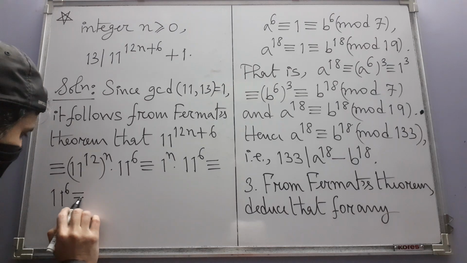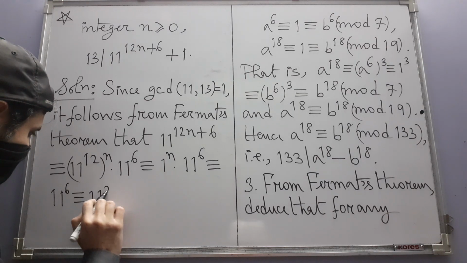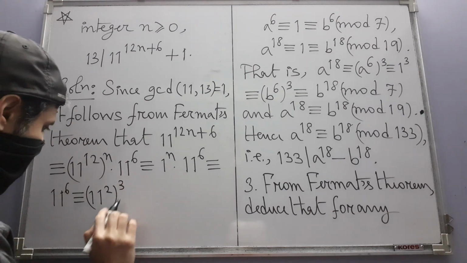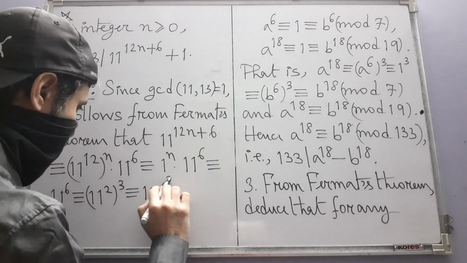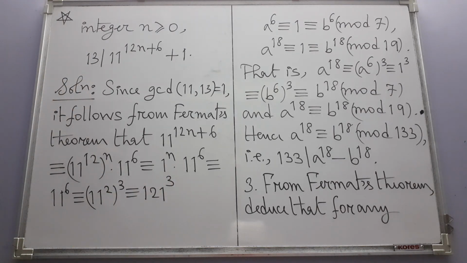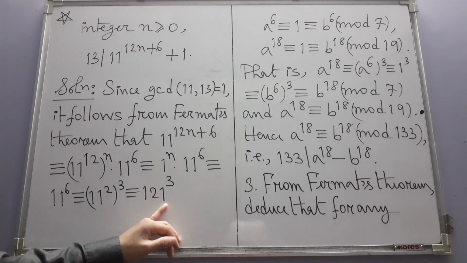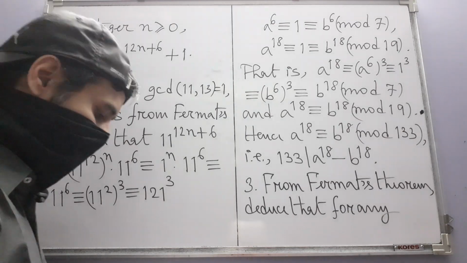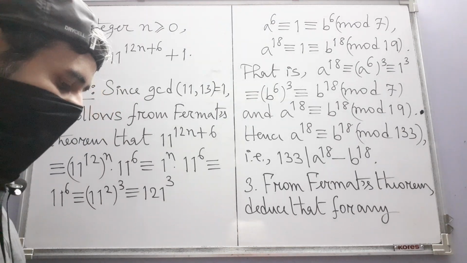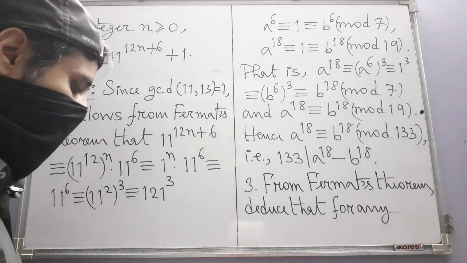And this is 11 squared whole cubed, that is 121 cubed. Now if we divide this number by 13, what remainder do we get? The remainder that we get actually is 4.